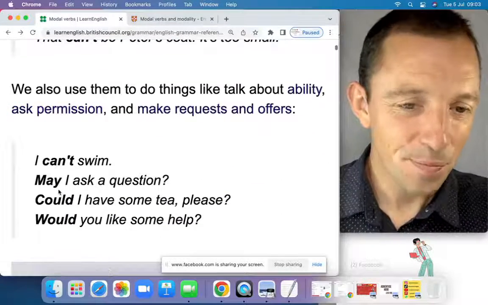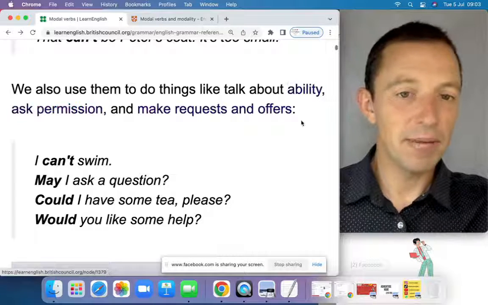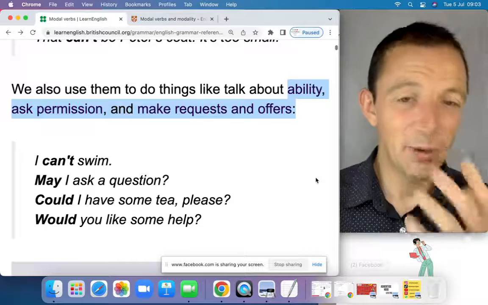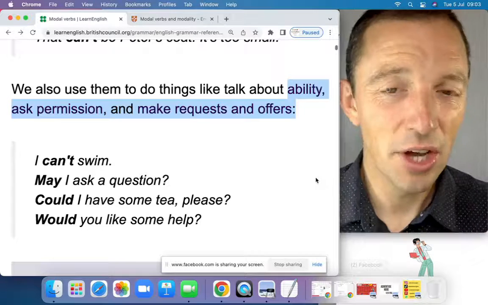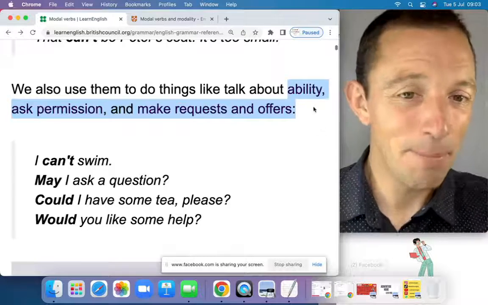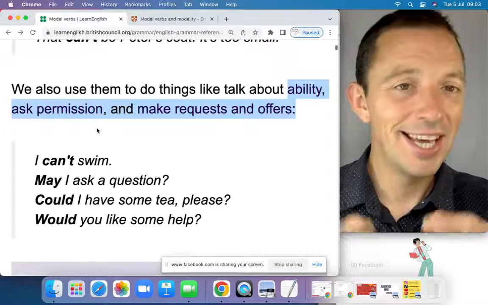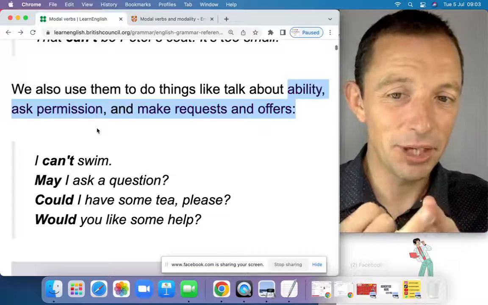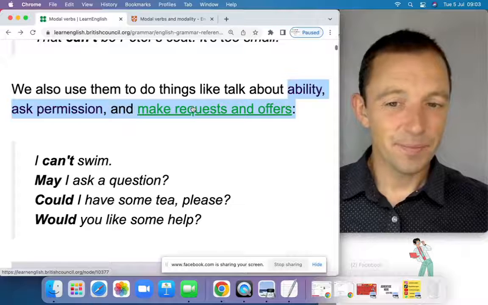Next, also, we use modal verbs for ability. So as I explained already, we have lots of different situations when we use modal verbs, and ability is one situation. Can, permission is also for the modal verb can, as I said, ability, permission, and make requests and offers.